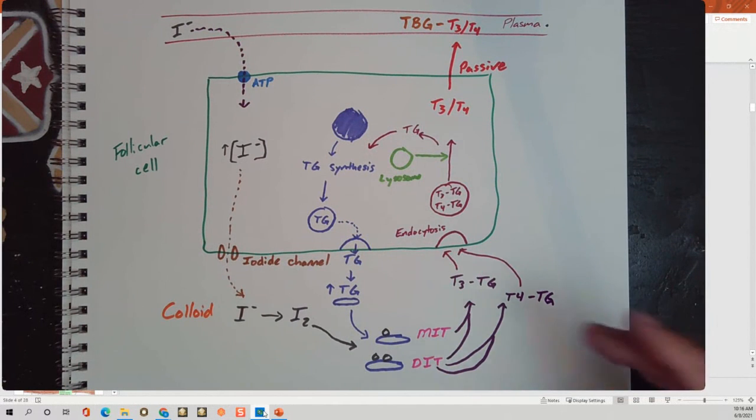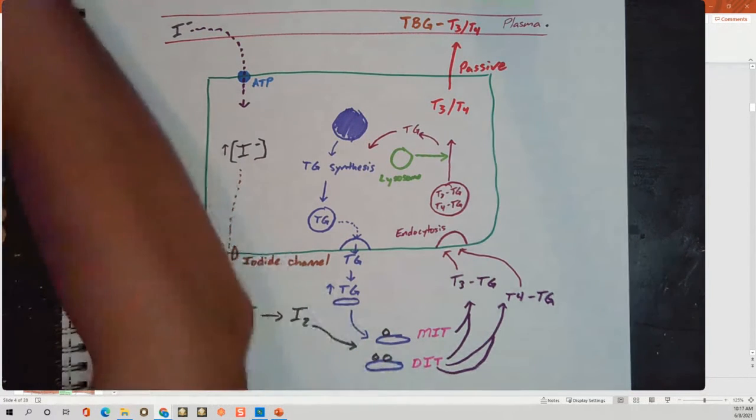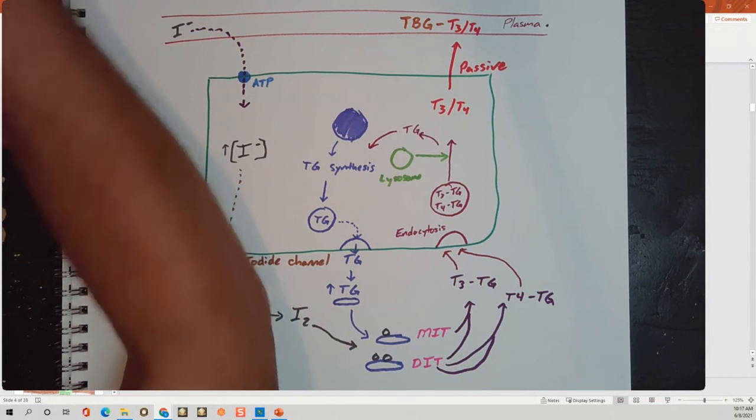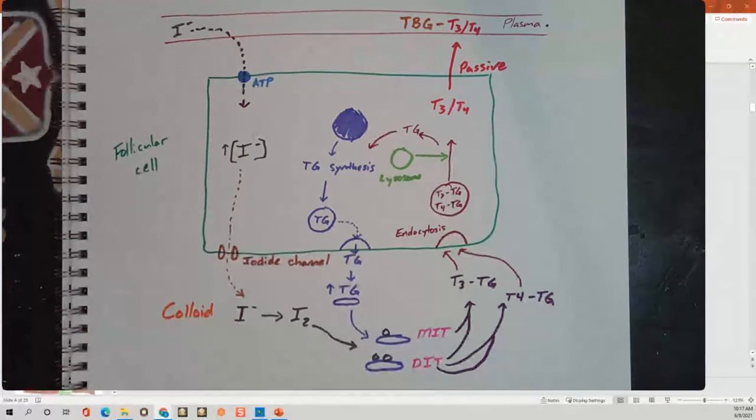So if we start thinking about the liver, thyroxine binding globulin. Great question. Binding globulin. Globulins are proteins. They're a very common name for carrier proteins in your bloodstream. You're going to see there's lots of different globulins that we're going to be talking about this semester.